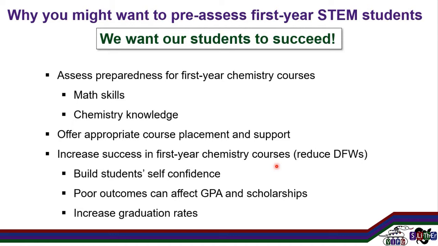A good outcome could build their self-confidence, and poor outcomes could affect their GPA and their scholarships. And one thing we think a lot of people don't always focus on is not just whether they get a STEM degree, but whether they graduate in general. Obviously institutions think that's important, and maybe we need to focus on that as well.